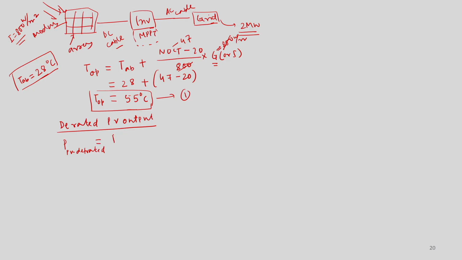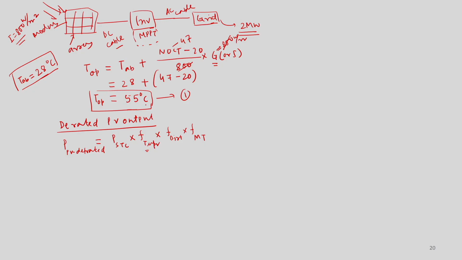It will be P STC multiplied by F derated due to temperature, F derated due to dirt, and F derated due to manufacturing tolerances, right.